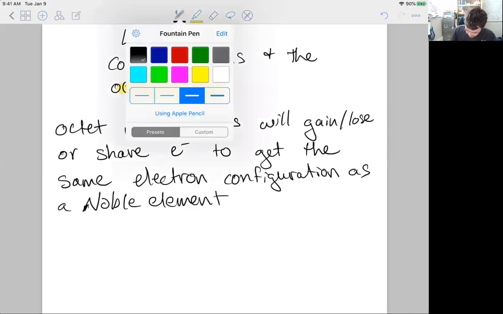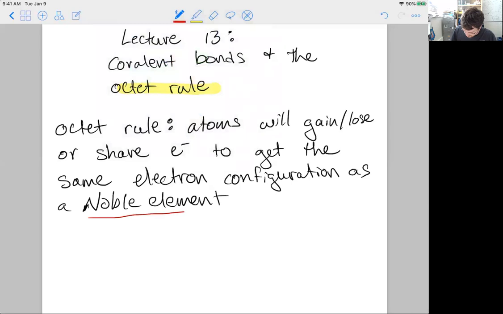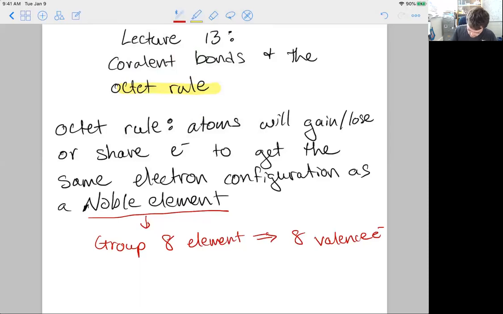Let's break down this definition. Noble elements are our group 8 elements, and these group 8 elements have 8 valence electrons, with the exception of helium.